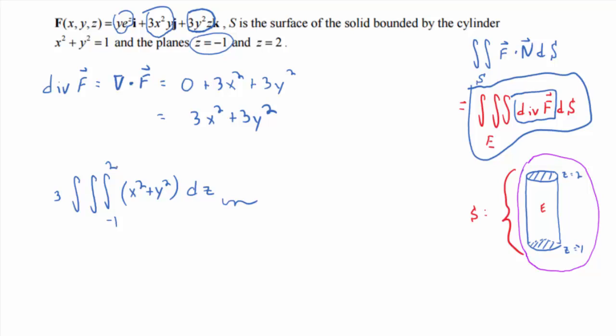Now, if you project this surface down into the xy plane, that would be the plane of integration for the outer 2 integrals, right? What are you going to get? Well, aren't you going to get a disk with boundary curve x squared plus y squared equals 1, the generating curve of the cylinder?